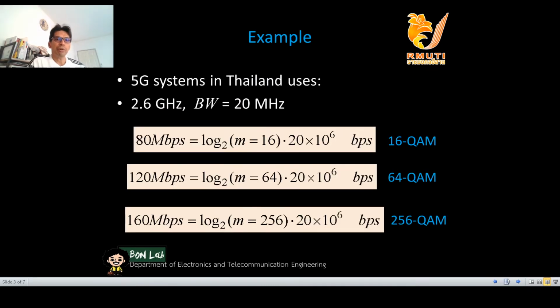And if we talk about 5G in Thailand, at the carrier of 2.6 gigahertz, I think the bandwidth is around 20 megahertz or less than this, maybe only 5 actually. And if we use 16 QAM, for example, and if you have a calculator, you can calculate it. It's very simple.